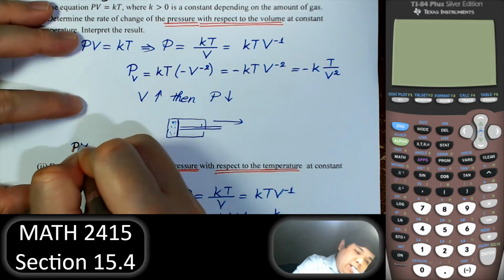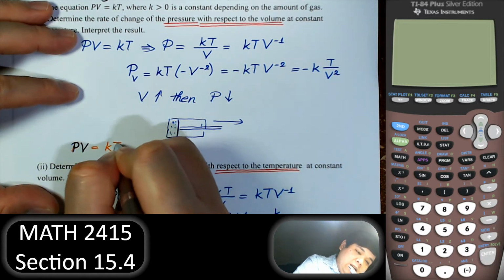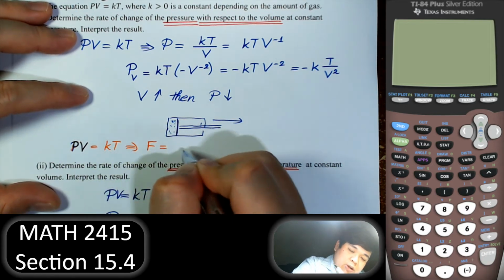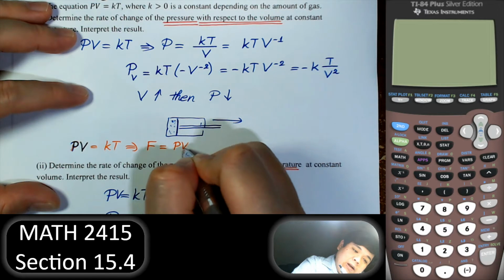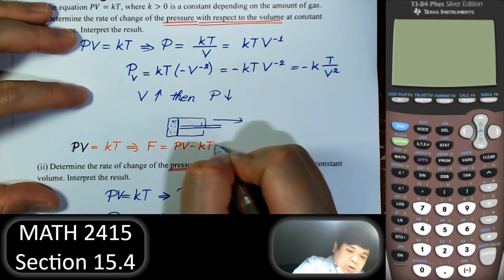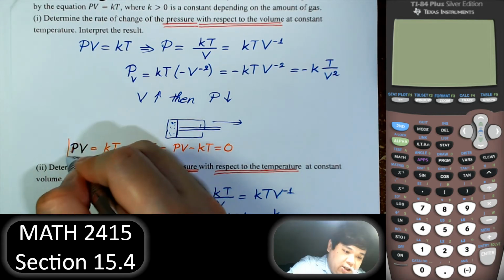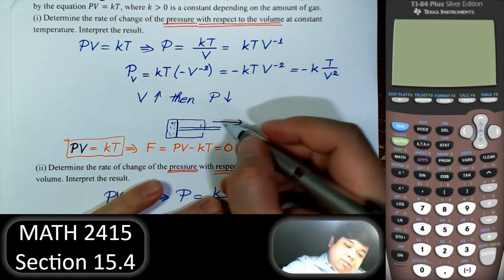Move everything on one side, and we're going to have F equal to PV minus KT equal to 0. Right, so we have this equation turn into that.